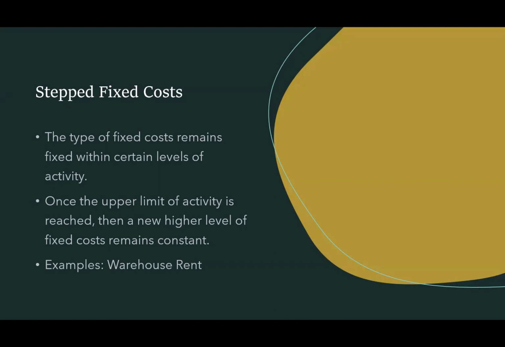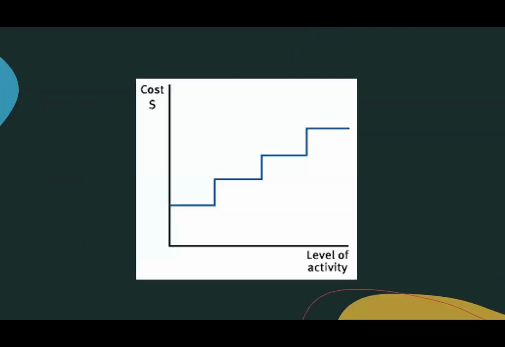But after 2,000, if you increase your production again, you might need a separate warehouse and the rent will increase. If you look at it graphically over here, let's suppose this was 1,000 cakes and your rent over here was 5,000. But as you go above 1,000 level of activity, the rent jumps to 10,000, and till 2,000 units, it will remain at 10,000 and so on. Because the graph makes a step shape, we call it step fixed cost.